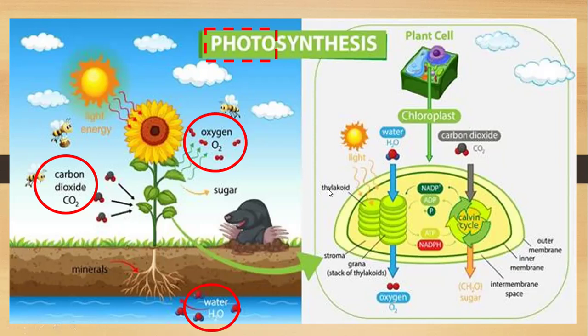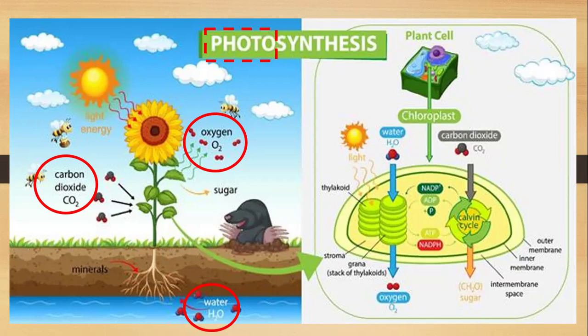So that is thylakoid. The photosynthesis process has two phases. One is the light dependent phase and one is the light independent phase, or dark phase.